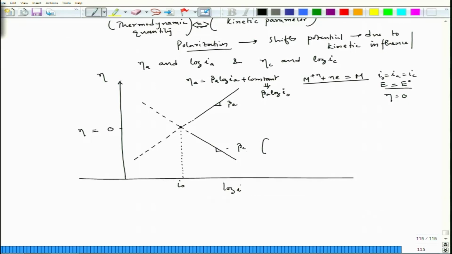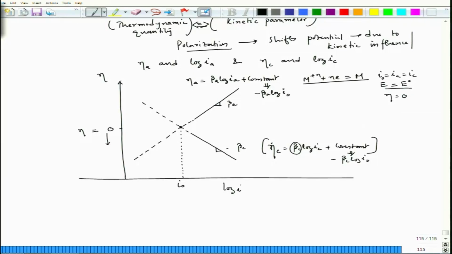The relation is eta C equal to beta C log I C plus constant, and here the constant is beta C log I 0. Of course, here also this is a minus term, and this beta C has a negative slope.